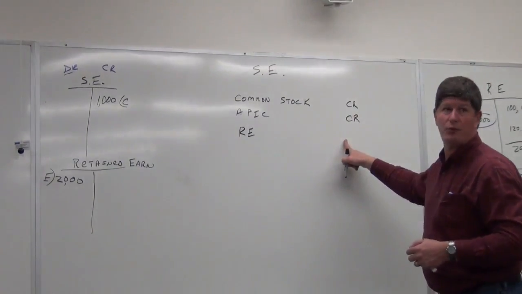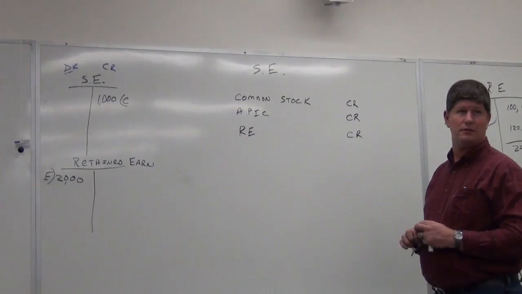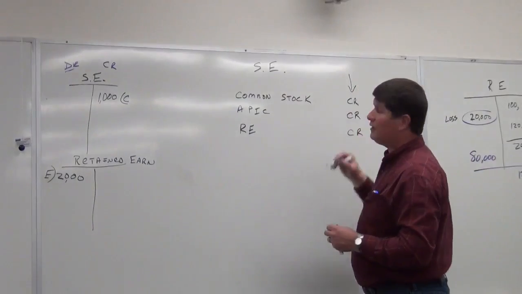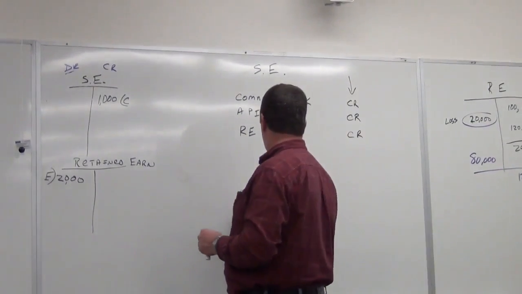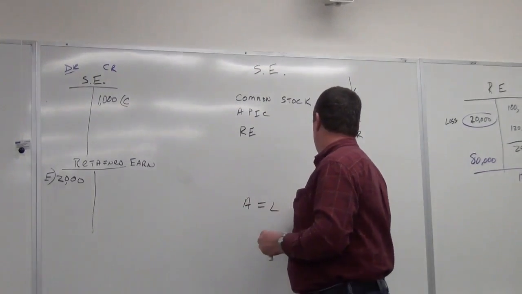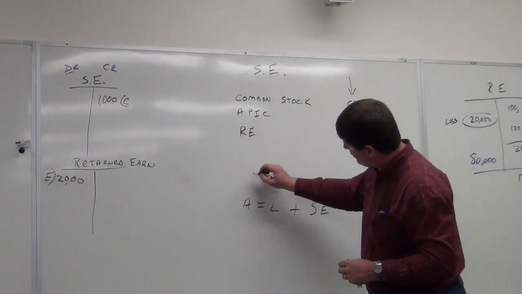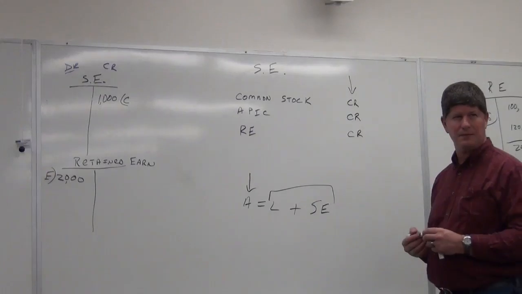Retained earnings, when you have a profit, it increases as a credit. So your whole stockholders' equity section, by definition, increases as a credit because it's on the other side of that assets equals liabilities plus stockholders' equity. All of these are debits, and all of these increases are credits.